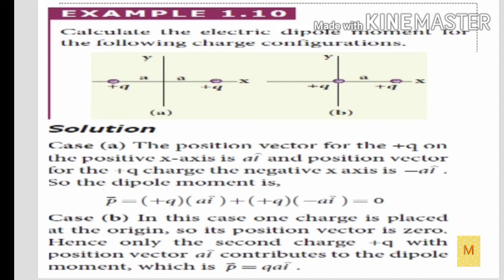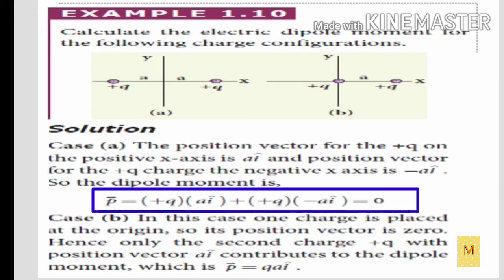Look at the first picture. Here two positively charged point charges are given, and the two charges are placed along the x-axis at a distance a from the origin. So how can we calculate the dipole moment? Look at the equation. P vector is equal to plus q into a i cap plus q into minus a i cap.